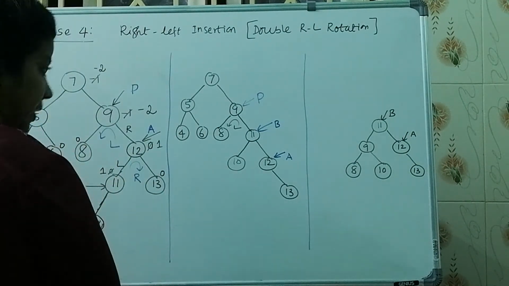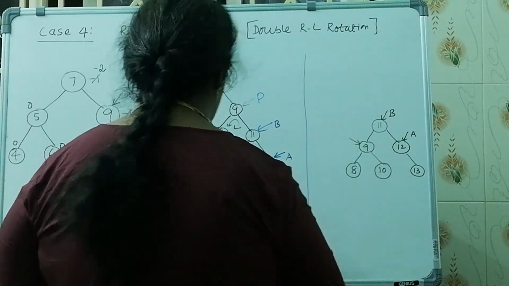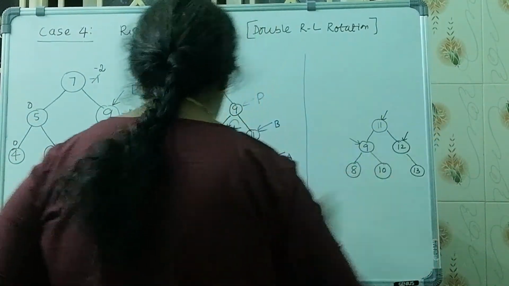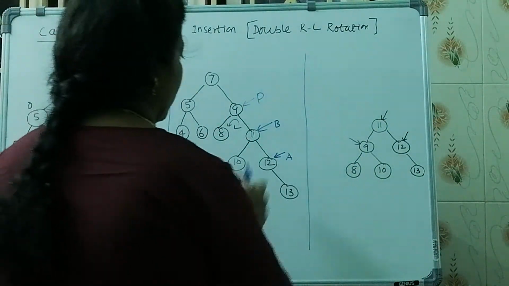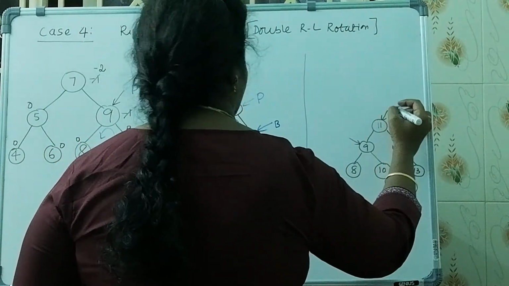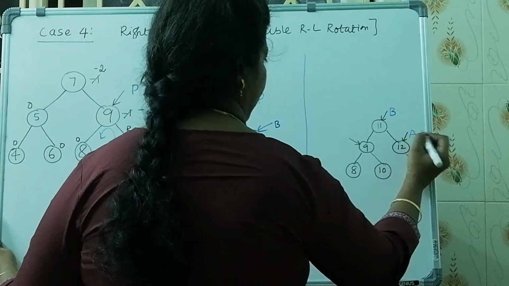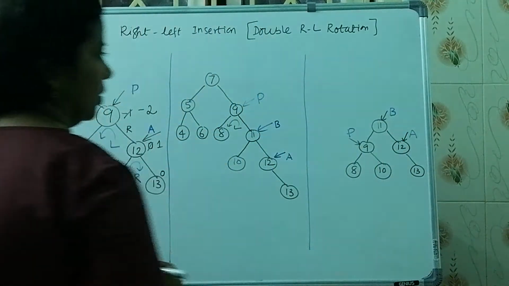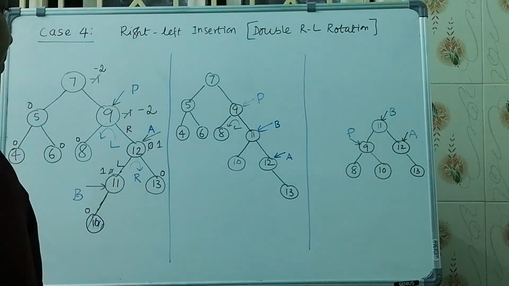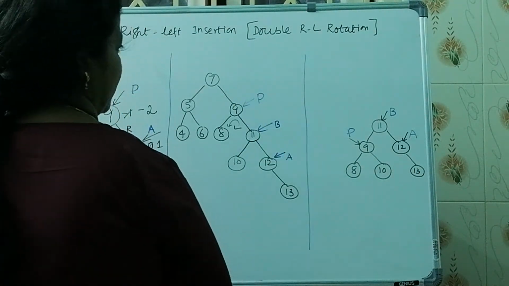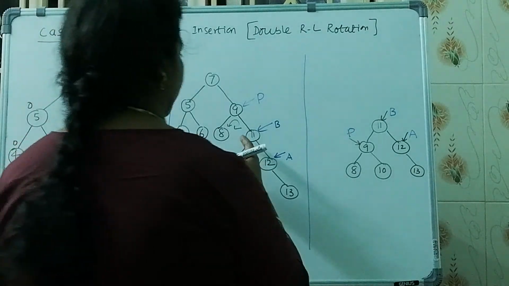So we can quickly point out this one, let me take the other marker so that it will be easy to follow. Now note down B, this is B, and then this is A, and then this is P. Okay, once we apply rotations correctly to this portion, the remaining part is untouched.